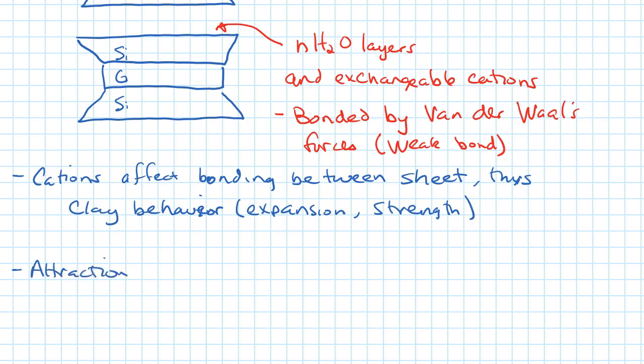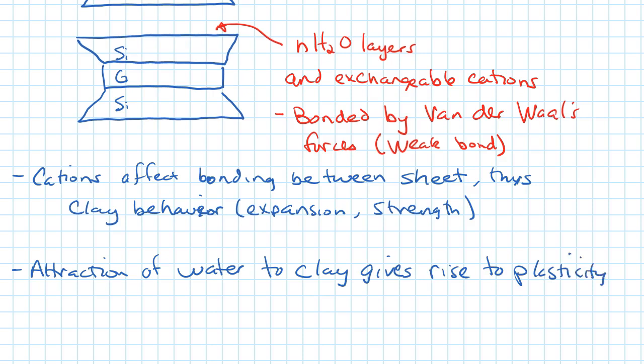And finally, the attraction of water to the clay particles is what gives rise to a property which we call plasticity. Plasticity is a word that we use that describes the response of the soil to changes in moisture content.